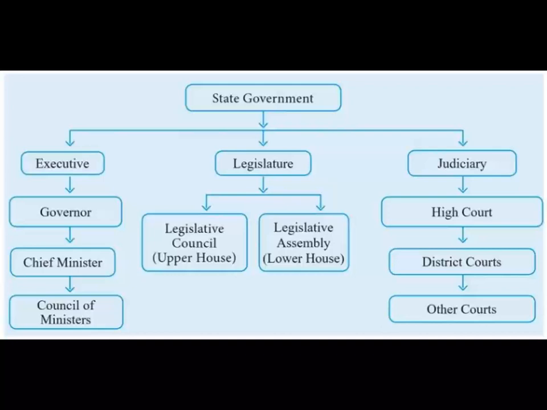The chief minister chooses the ministers for various departments. After all these processes, the government appoints the chief minister and other ministers. The chief minister and other ministers have separate offices to carry out their work.